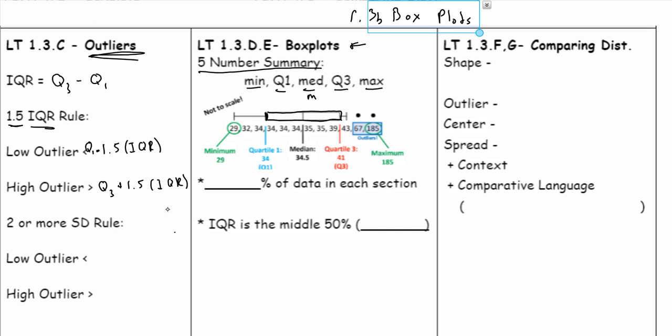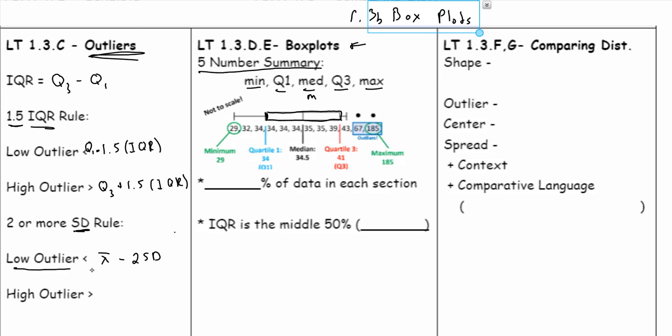Another way of doing this is with standard deviation. That SD means the standard deviation rule, and it's basically 2 or more standard deviations. So essentially, if you take your mean and you subtract 2 standard deviations from that mean, anything lower than that value will give you your lower outlier.